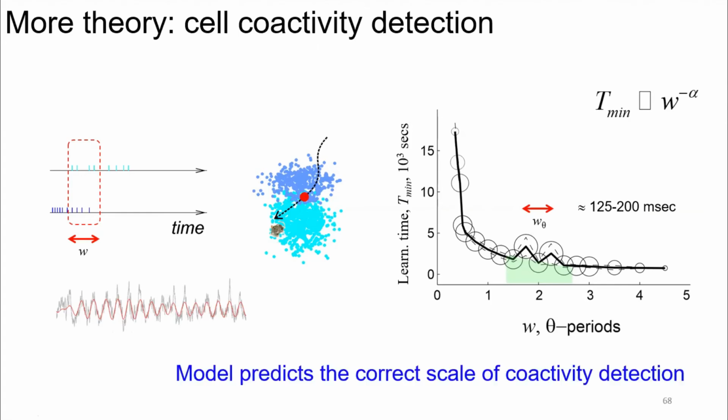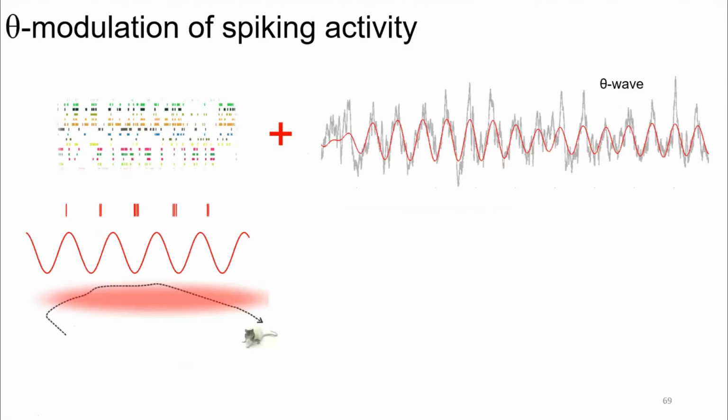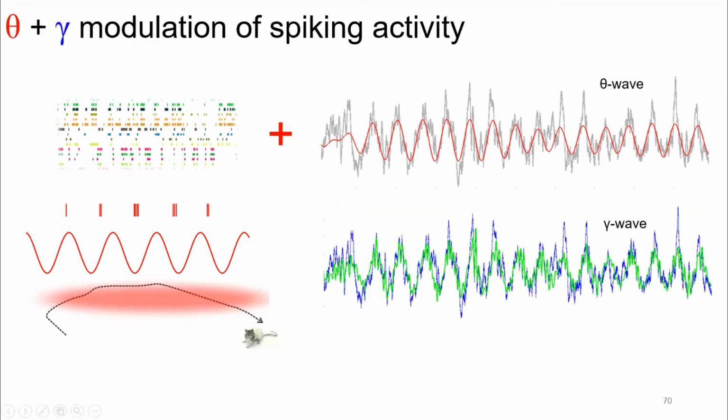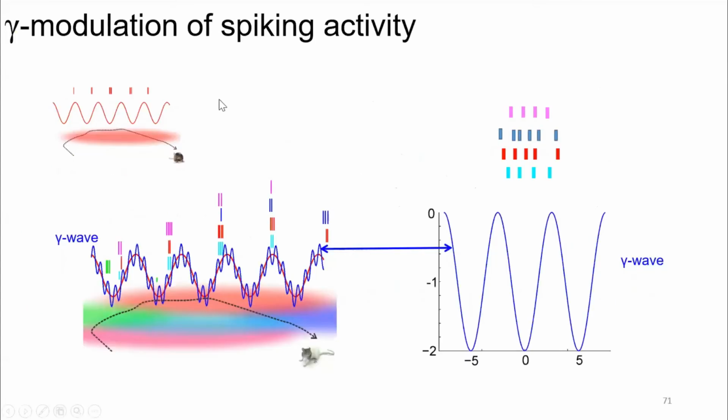What else? What I've described is theta modulation of spiking activity. But in the brain, there are several different kinds of waves, and another very important kind of brain wave is what's called gamma wave, which has a frequency about 7, 8, 9 times higher than theta wave. I'll try to explain this slide the best I can.